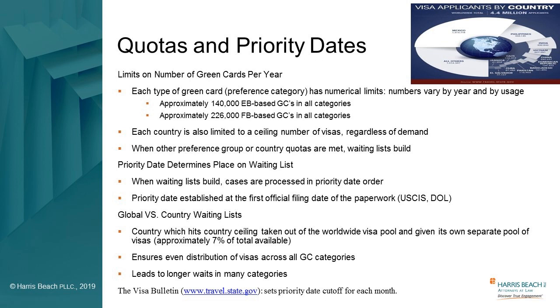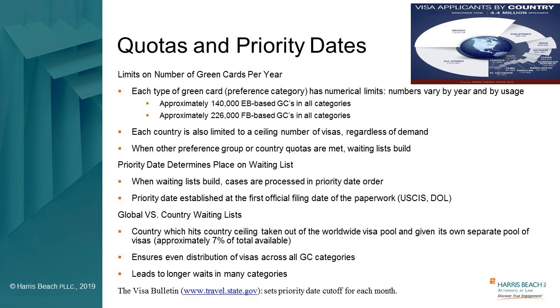So the green card structure we have set up in this country is limited in number. So kind of like the H-1Bs, which have that 85,000 cap, for green cards they are limited in number. So there's a certain number available each year, a certain number available in each different category, and a certain number available for each country.